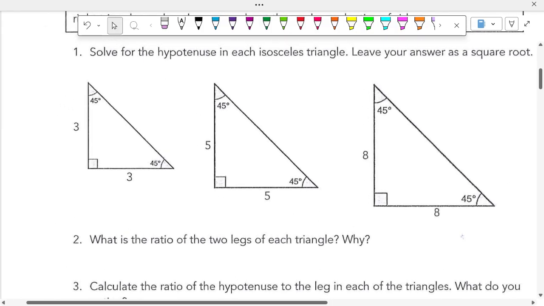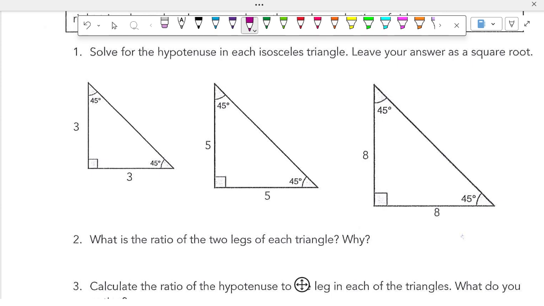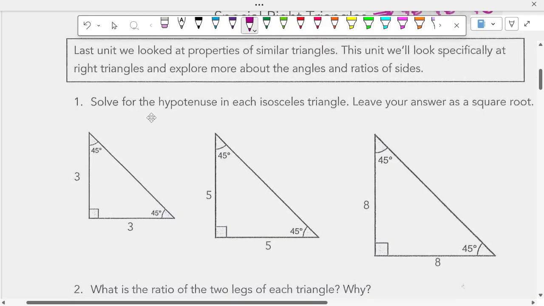So we're going to do this together for both of these. So for all three of these triangles, we're going to calculate the hypotenuse. What can I use to calculate the hypotenuse? What theorem do we already talk about? Pythagorean theorem. So a squared plus b squared is equal to c squared.